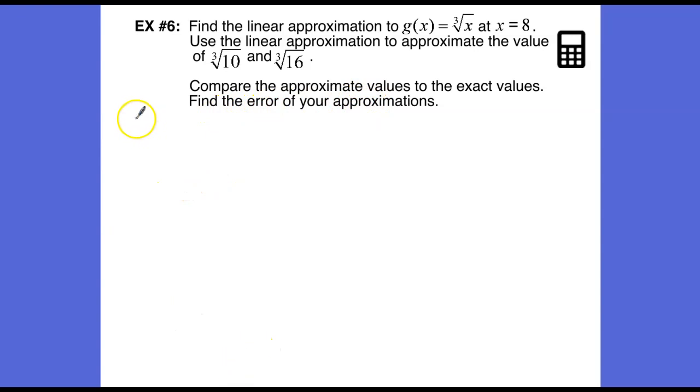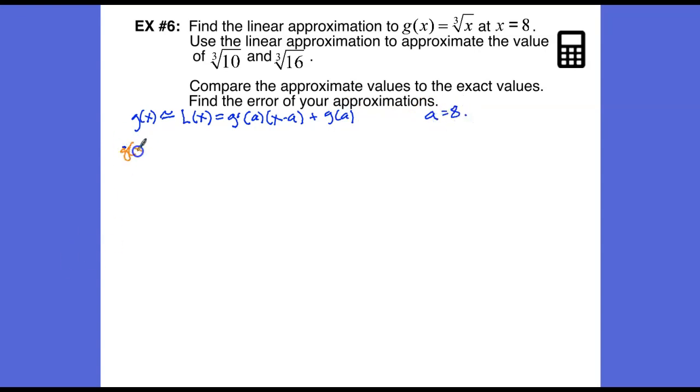So let's start by writing out what we're going to do. G of x is going to be approximately L of x, which is equal to g prime of a times x minus a plus g of a, where in this case a is equal to 8.